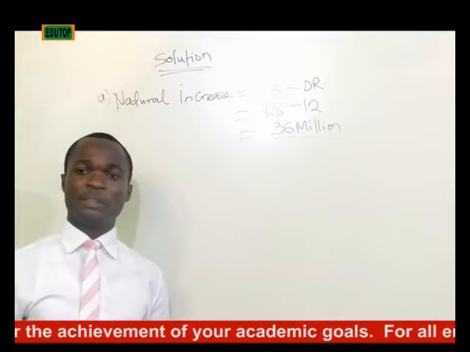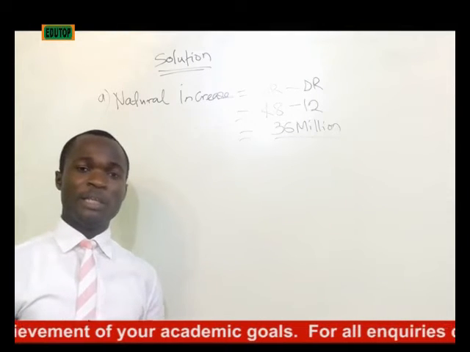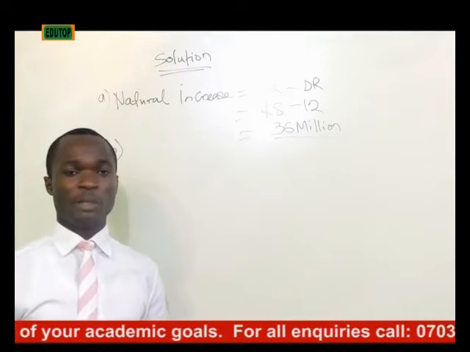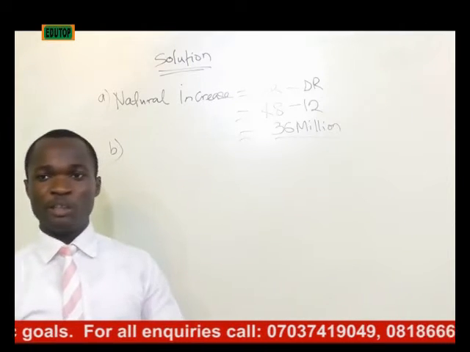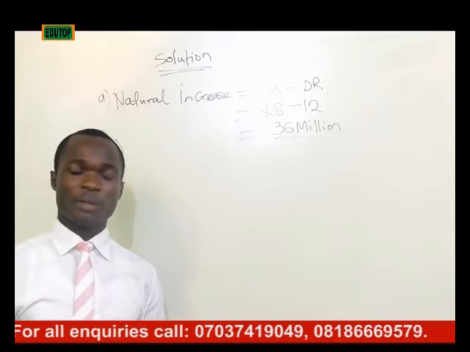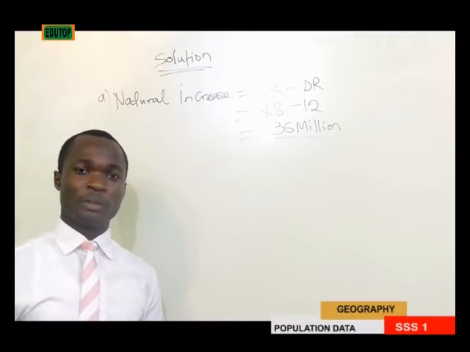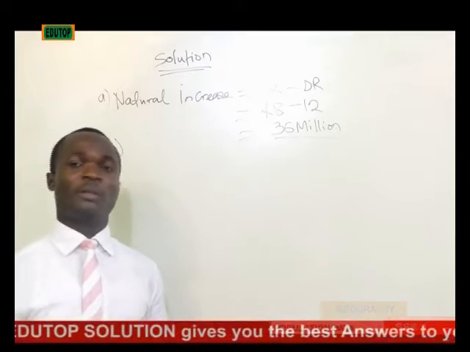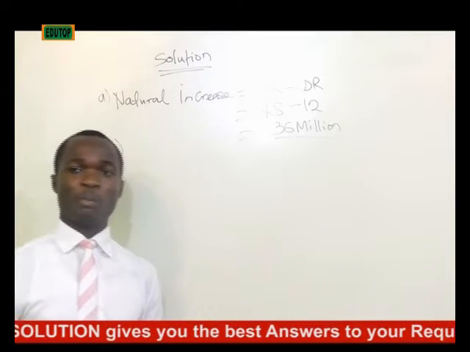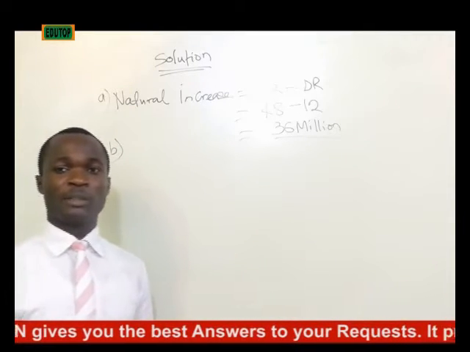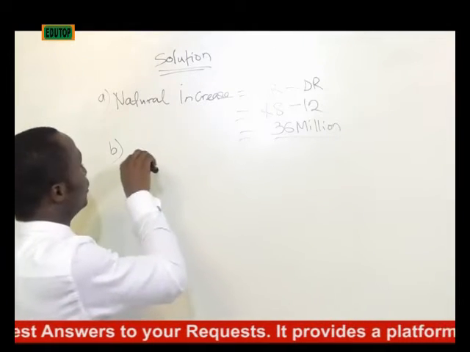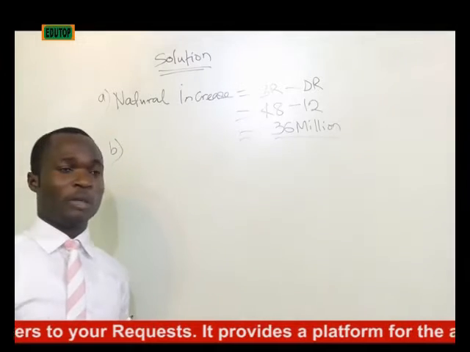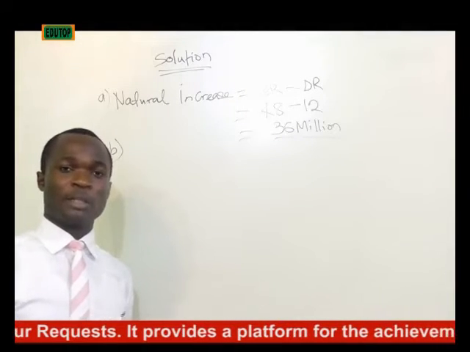Net migration is given by the formula immigrants minus emigrants. Immigrants are people moving into a country, while emigrants are people moving out of the country. So from the question, we have that immigrants are 10 million. We are looking at the net migration.